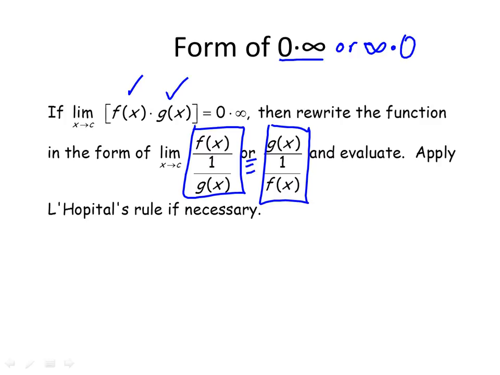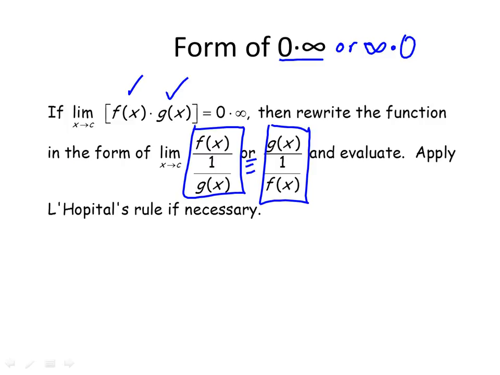The best suggestion that I can give you is this. If you change your function, either one of your functions, to the denominator, you're going to have to divide by the reciprocal, which makes it into a quotient. Okay? For example, if you choose to go with this one, that's fine.